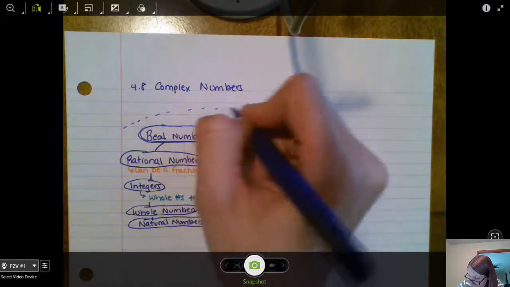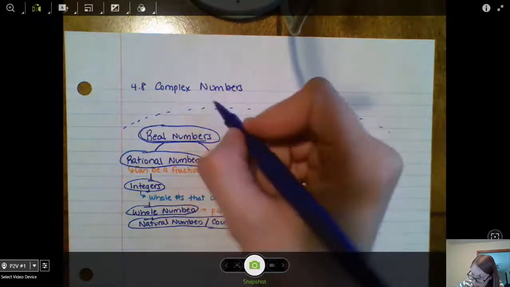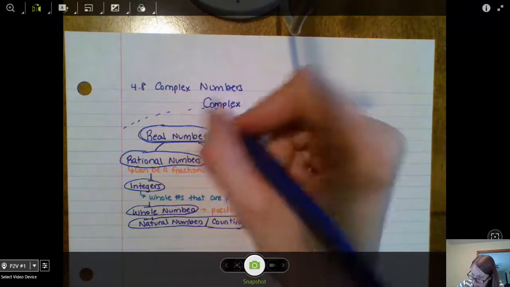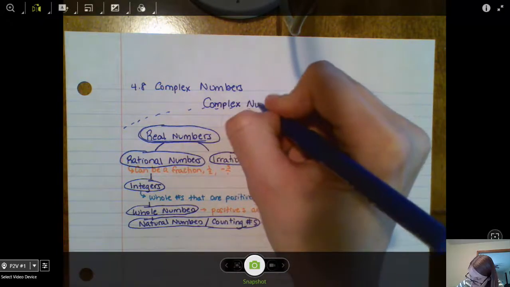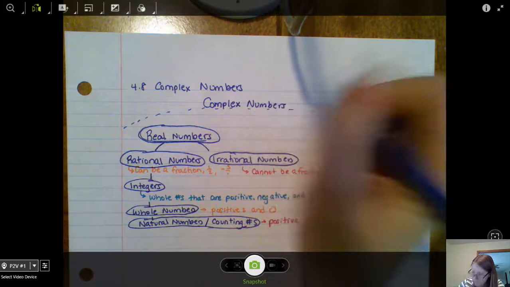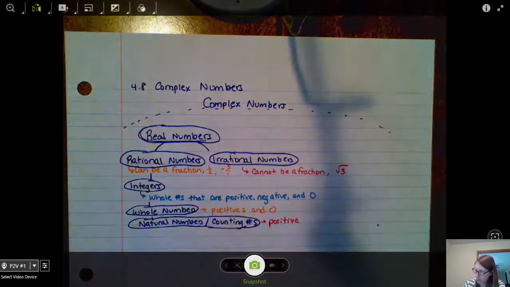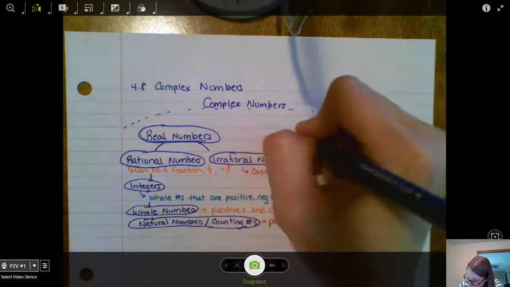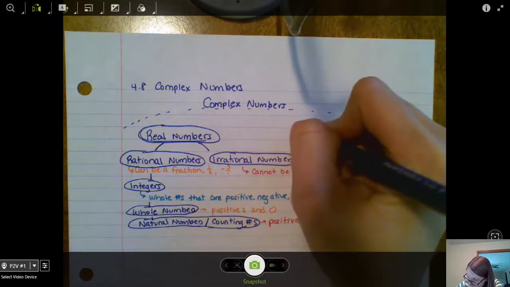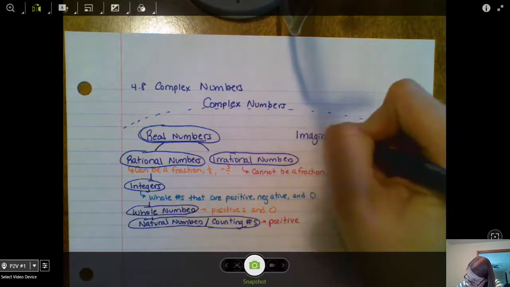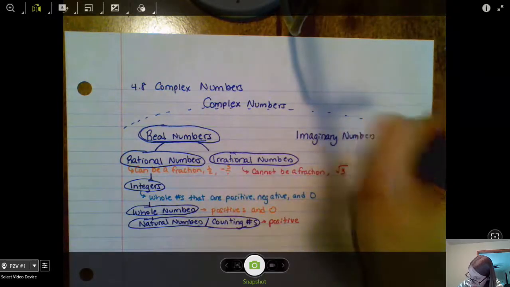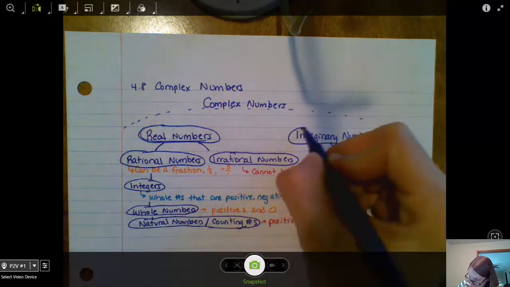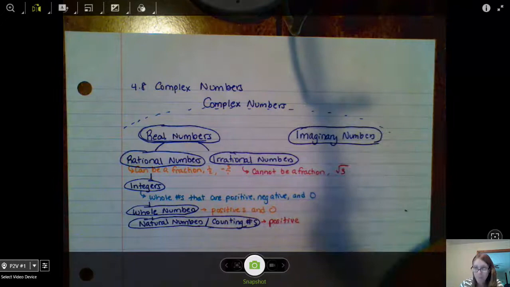So I'm going to draw my umbrella here. And this umbrella term is complex numbers, which is what we are learning about in section 4.8. Okay, and again, on the same level of real numbers, we see this category, imaginary numbers, which is something that I've hinted at a couple times so far this chapter, but here we go. We're actually going to see what these imaginary numbers are.